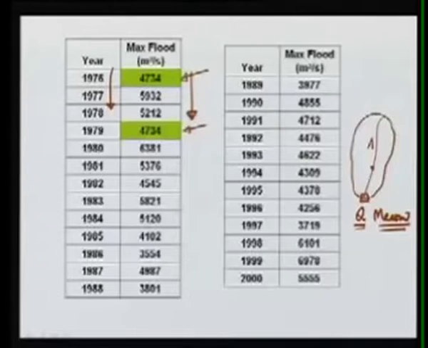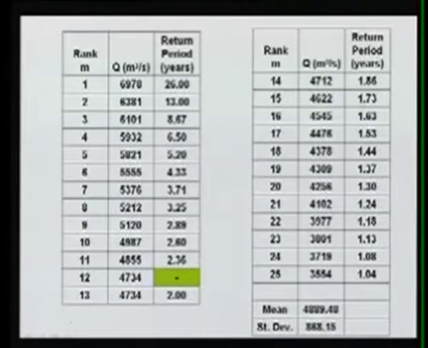So what we do first in the flood frequency analysis is arrange the data in decreasing order. So this data, which corresponds to a 25-year period from 1976 to 2000, can be arranged in decreasing order and given a rank. So in this table we are showing the rank from 1 to 25.